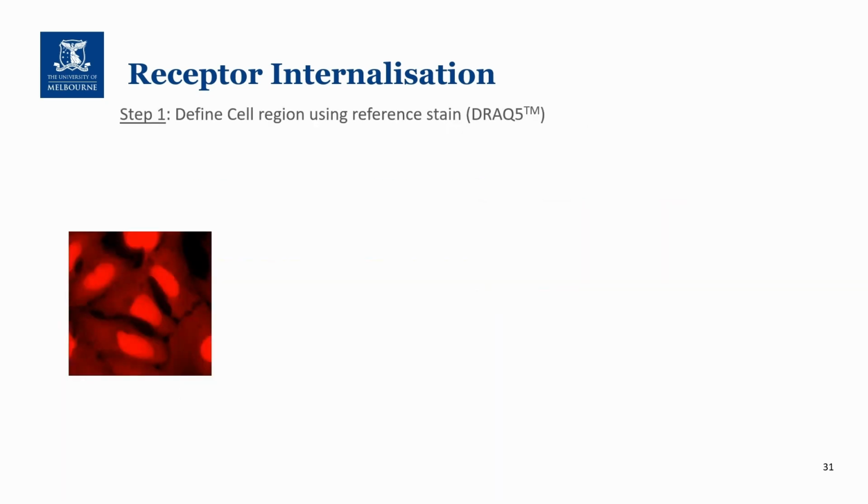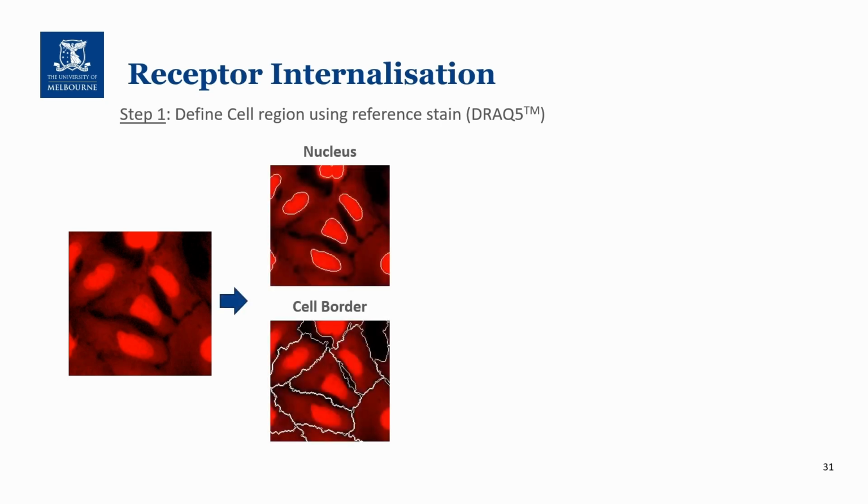The first step in this analysis sequence is to define the cell region using the reference stain DRAQ5, as this labels the cytoplasm and the nucleus. Other options for measuring individual cells are to use digital phase contrast, as we discussed before, or something like the CellMask dye.